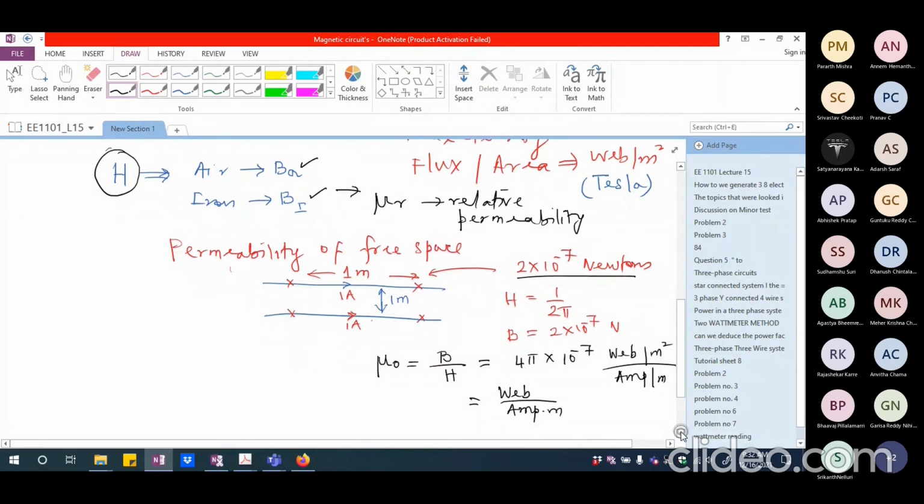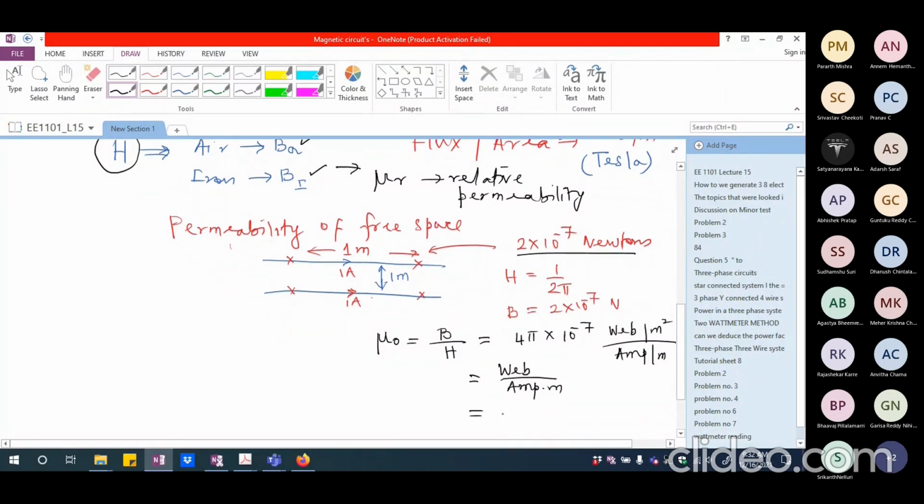Or the same thing we said as Henry, because Weber per ampere we called as the unit of inductance from the expression that L di by dt equal to N d phi by dt. So due to which we specified inductance as N multiplied by d phi by di, and N does not have any dimension.